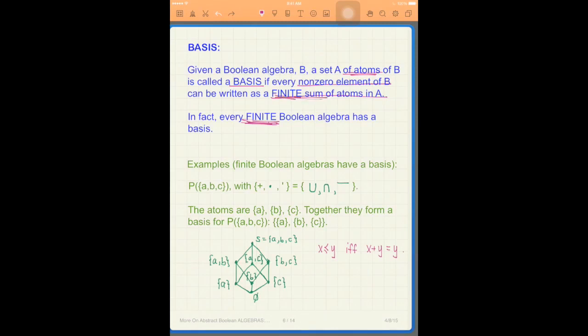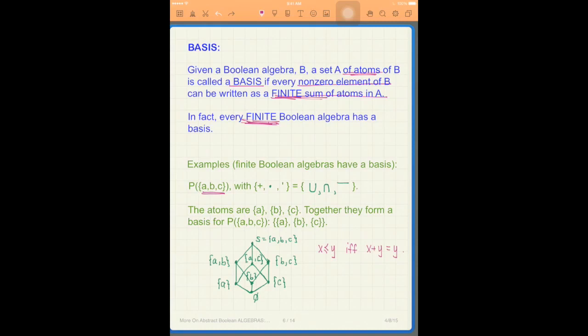For example, there are more, but I'm just giving you some examples. This is the power set, and I've restricted it, like we did before, to A, B, and C. So the power set with the union, intersection, and complementation. What were the atoms?